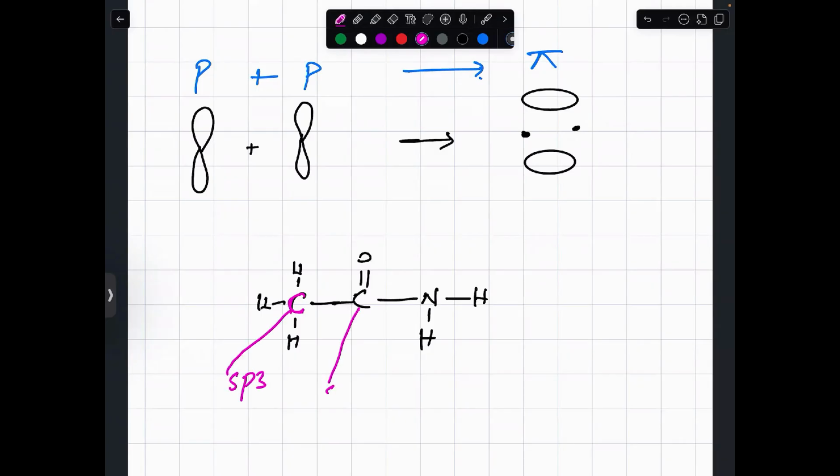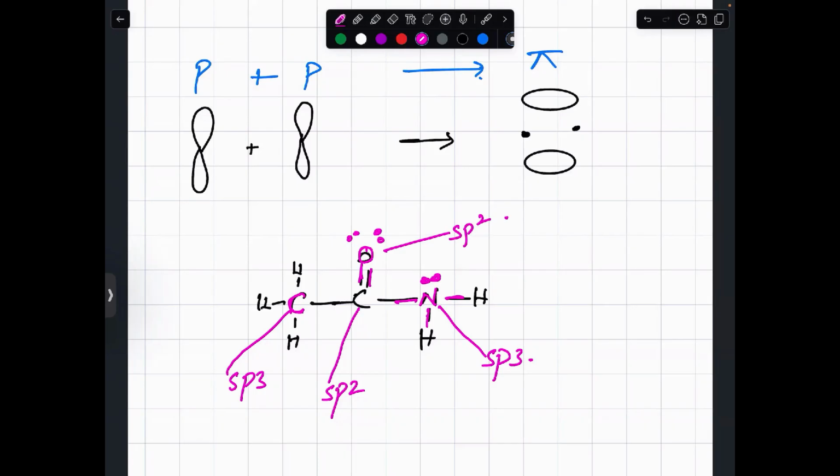What about the other? sp2. Nitrogen is group 5: 1, 2, 3, 4, 5, so four regions, sp3. What about oxygen? Group 6, three regions.